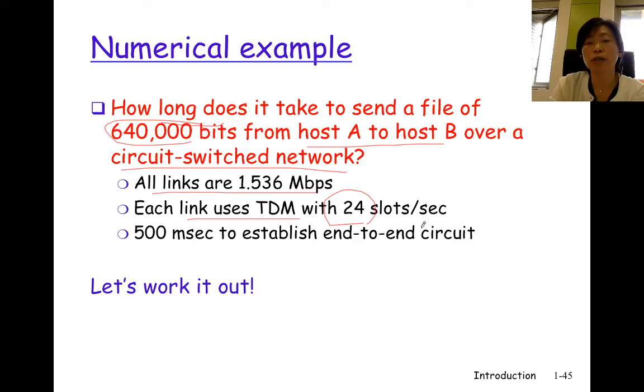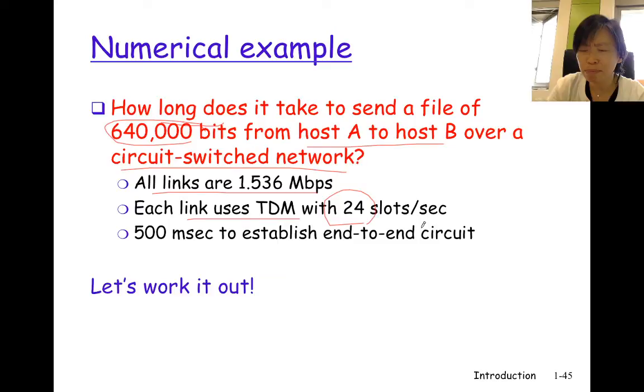Essentially, that cable there is divided into 24 pieces. So let's begin calculating. A link has 1.536 megabits per second divided into 24 slots. So each user essentially can only get a 24th of the 1.5.